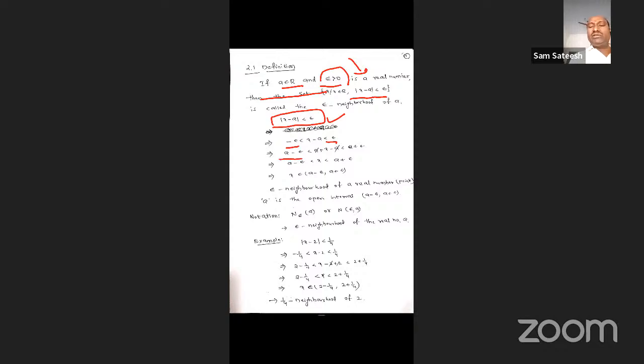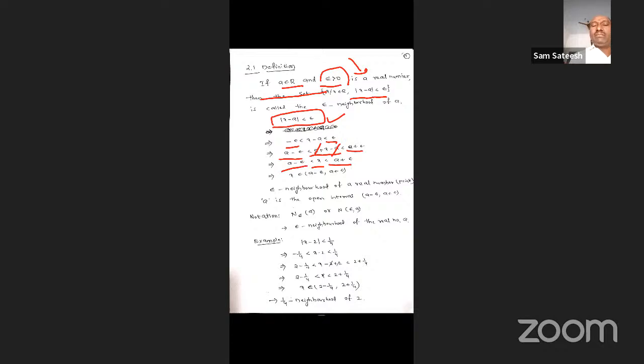Let us add a throughout. A minus epsilon less than a plus x minus a less than a plus epsilon. Here a minus a cancels. What remains? We will get a minus epsilon less than x less than a plus epsilon.